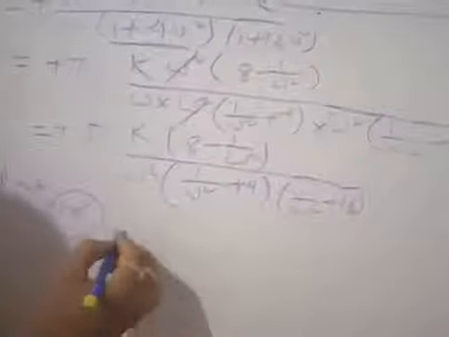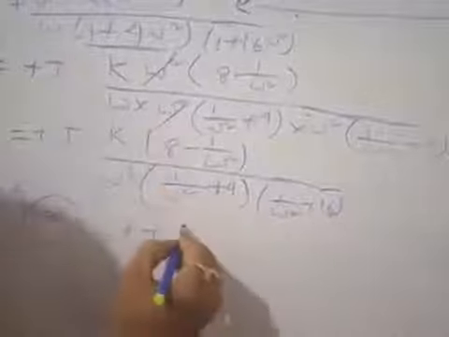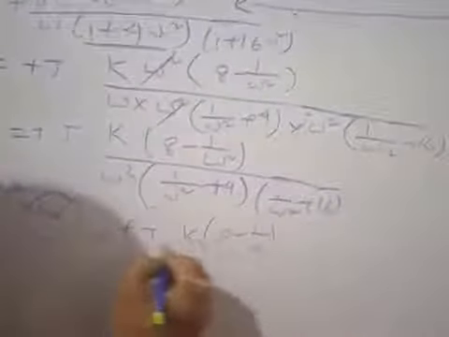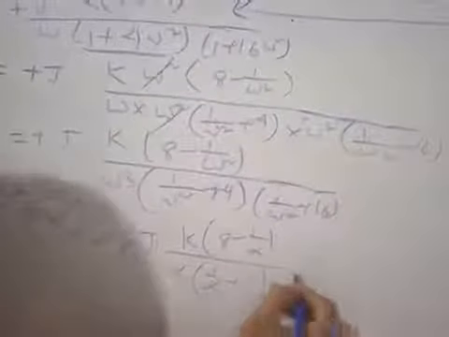Now put the value of omega is equal to infinity. What you will get? This is plus j k (8 minus 1 by infinity) divided by infinity, (1 by infinity plus 4) and (1 by infinity plus 16). That is equal to 8 minus 0 in the numerator, so 8 minus 0 is equal to 8, positive 8.